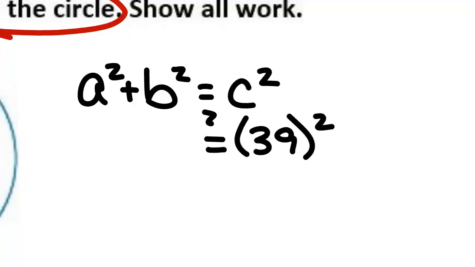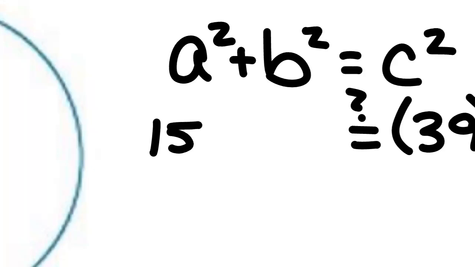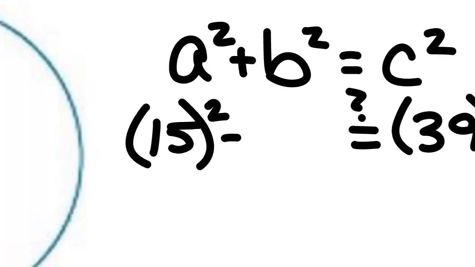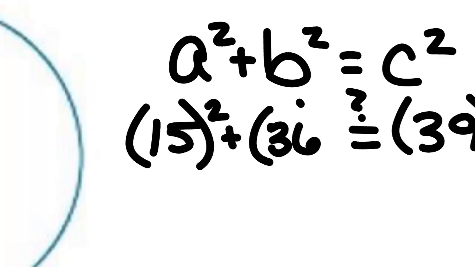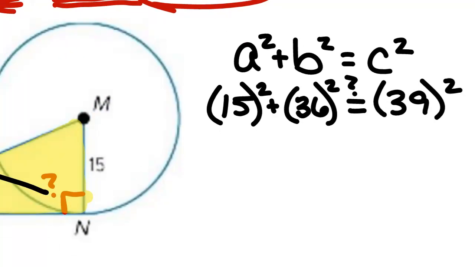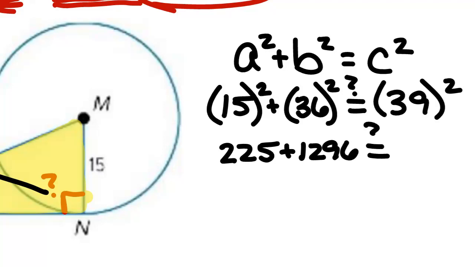I don't know if that's equal to, so I'm going to put a question mark here. What would go in for A and B? 15 and 36. Order doesn't matter on this part. What is 15 squared? 225. 36 squared? 1296. What about 39 squared?